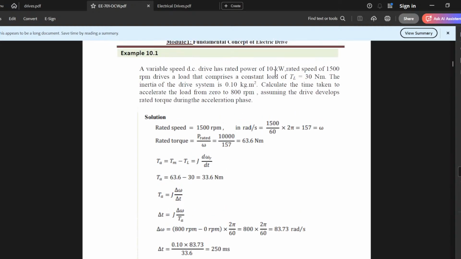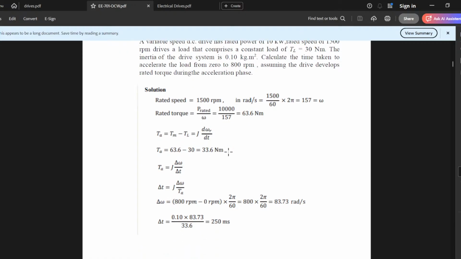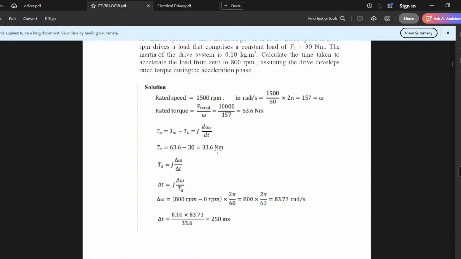So J is 0.10 into 157. 0.1 into 157, so it's 33.6. So it becomes, okay, it is verified.